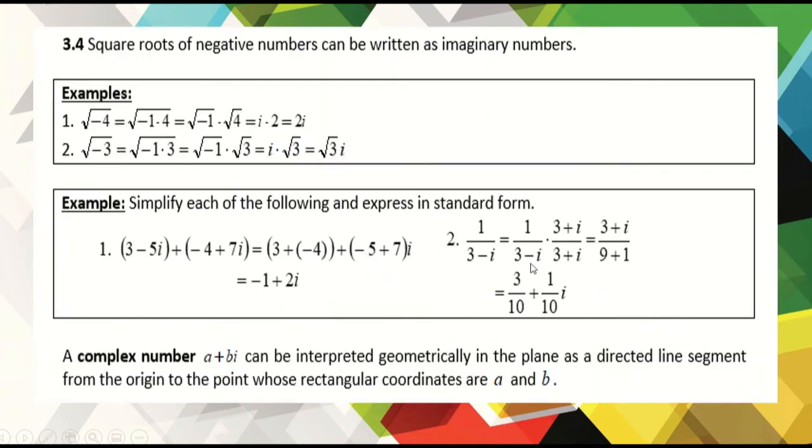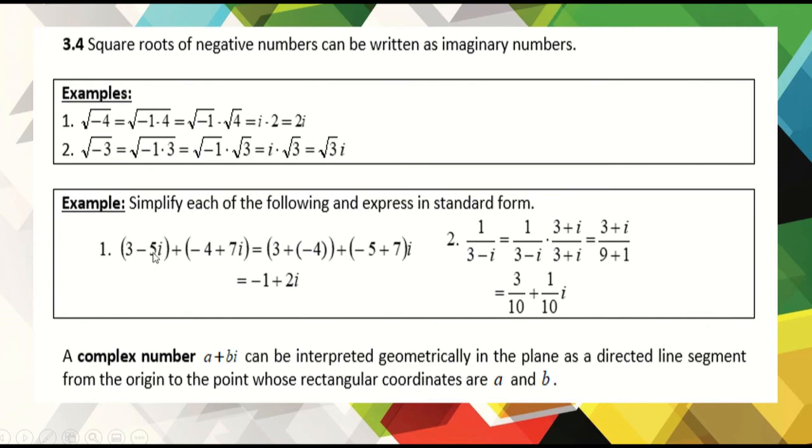We will use these to simplify these complex numbers. So we will add the 3 and the negative 4. Based on our guide earlier, we add the real terms and the imaginary terms. So that would be 3 plus negative 4.